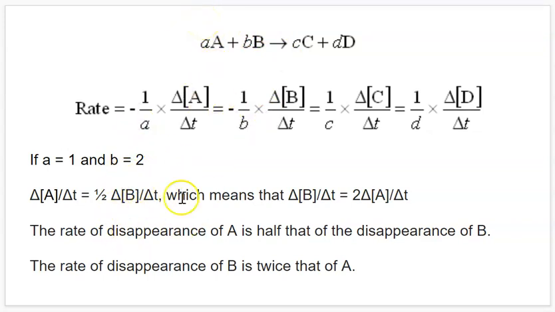So that makes sense that the rate of A is going to be half the disappearance of B and that the disappearance of B is going to be twice that of A. And since these are both reactants, they're both going to have negative rates. And whatever the coefficients of the products are also going to be related in the same way, but as a positive rate.